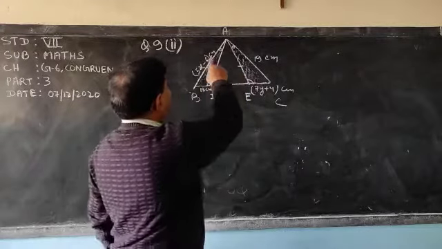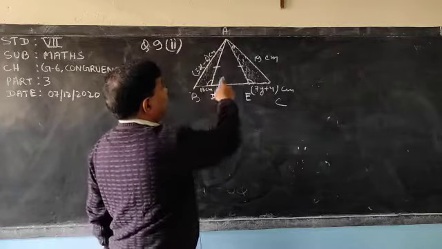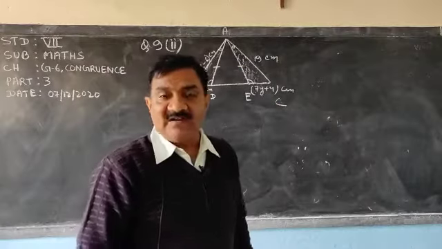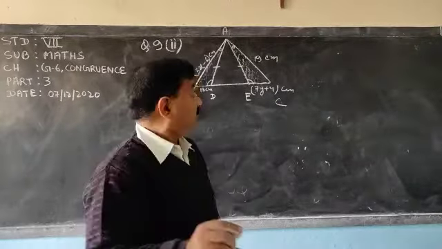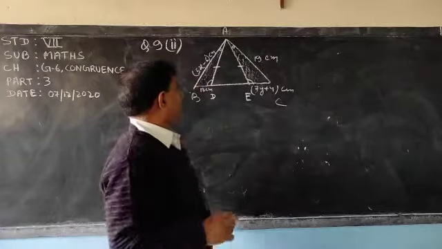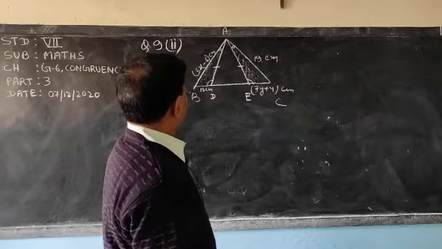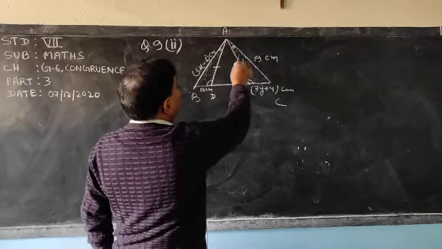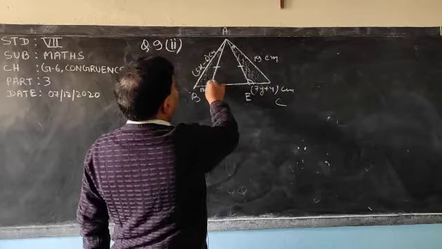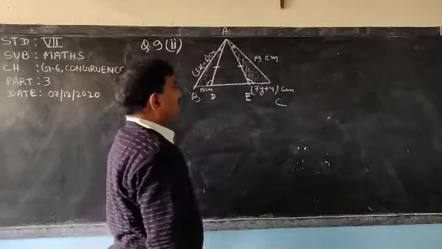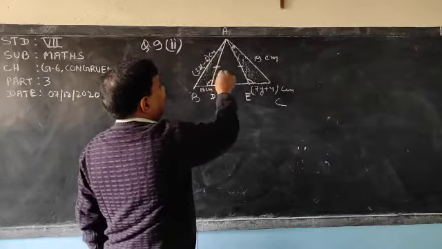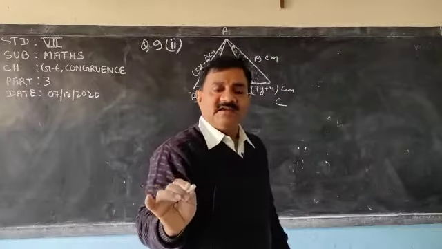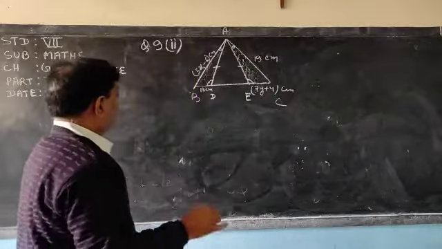If I prove triangle ABD is congruent to triangle ACE, then corresponding parts will be equal. And to prove congruence, three things are necessary. Let us see three things. This angle is equal to this angle, this side is equal to this side, and this angle is equal to this angle. It means angle, side, angle, these two triangles are congruent. Very clear.